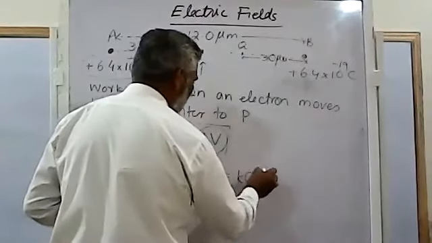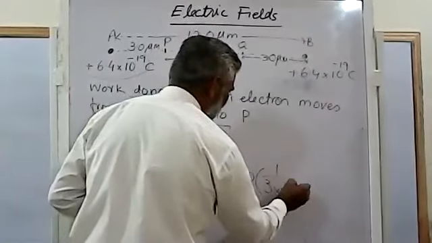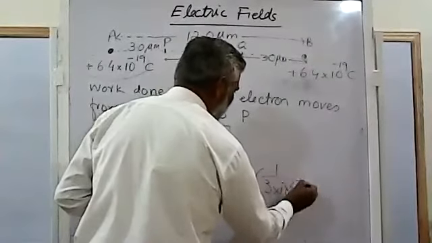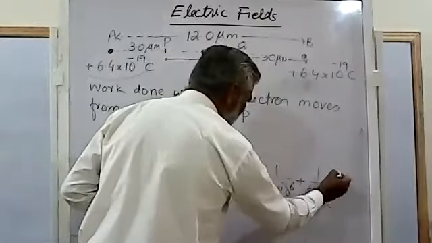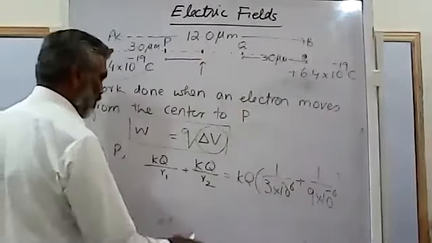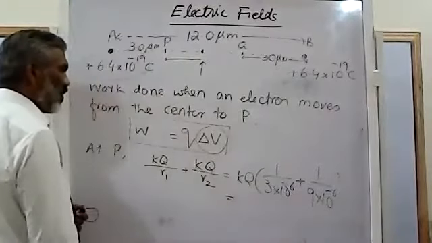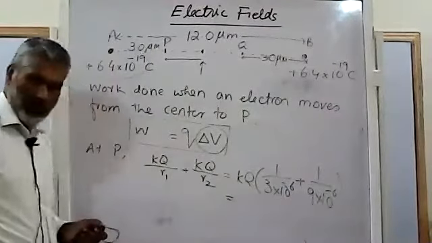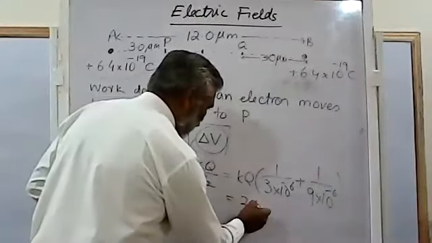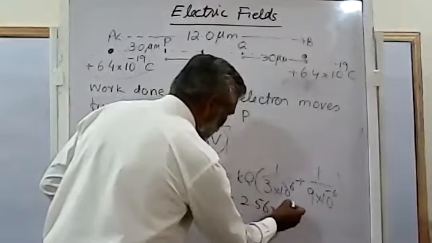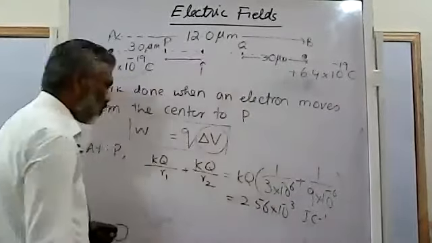KQ is the same for the two, 1 over 3 into 10 to the power minus 6 plus 1 over 9 into 10 to the power minus 6 meters. So when you simplify this using these values known, it comes out to be 2.56 into 10 to the power minus 3 joule per coulomb.